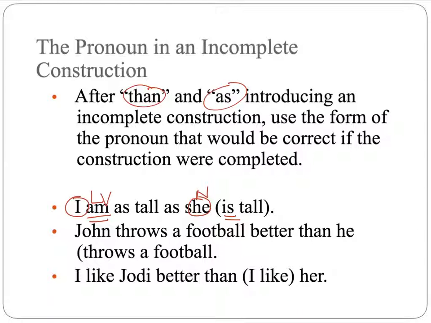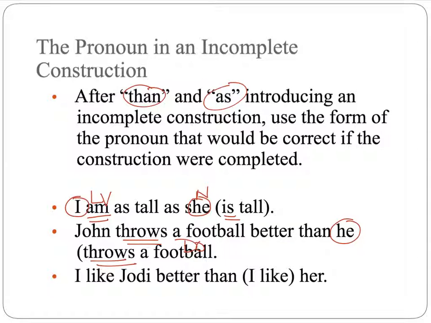In a sentence with an action verb, such as John throws a football better than, we complete the construction by incorporating the verb and the object. John throws a football better than he, subject, throws, verb, a football.